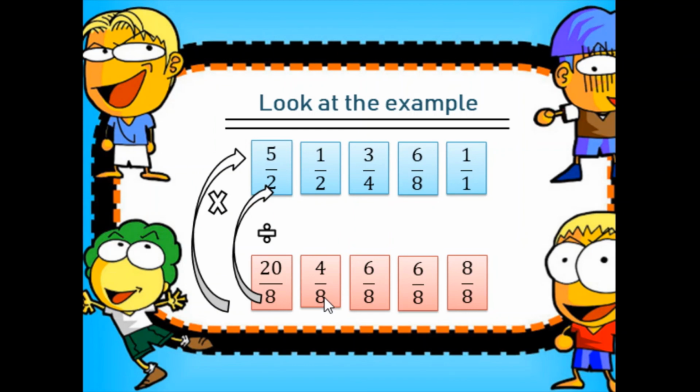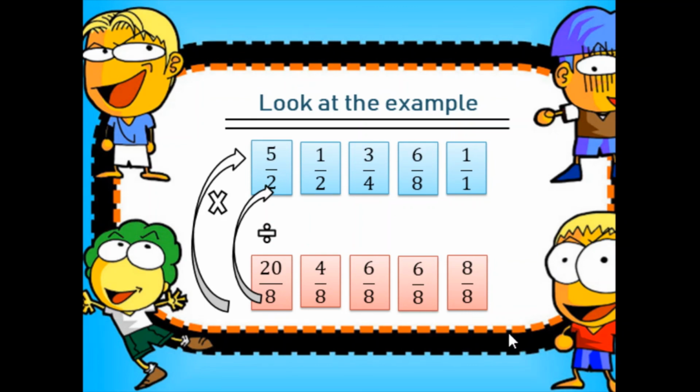Okay? 8 divided by 2 is 4 times 1 is 4. 8 divided by 4 is 2 times 3, we get 6. 8 divided by 8 is 1 times 6, we get 6. 8 divided by 1 is 8 times 1, we get 8. That is why we have the following fractions.